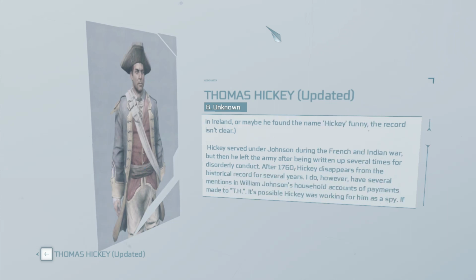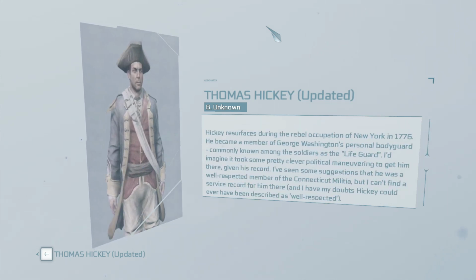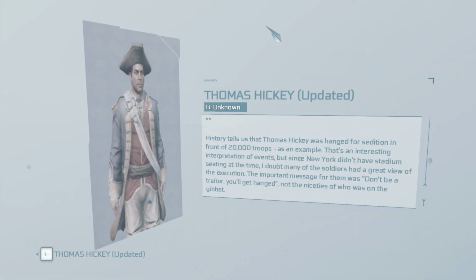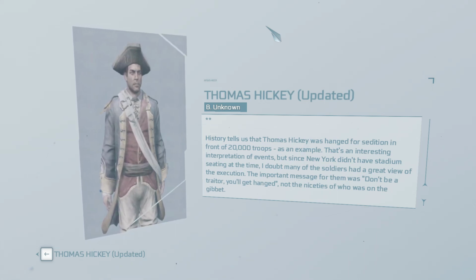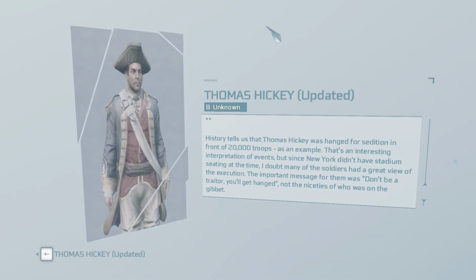Next up, we have a little addition to Thomas Hickey here. Let's go and find it. History tells us that Thomas Hickey was hanged for sedition in front of 20,000 troops as an example.